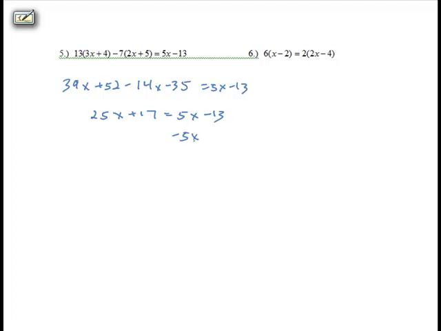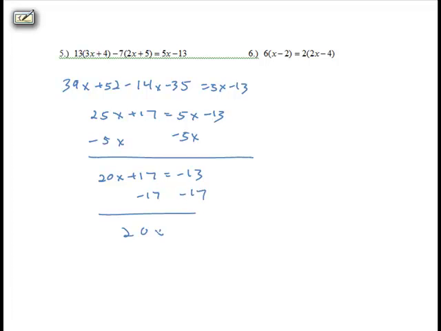I'm going to get all the variables on the left-hand side, so subtract 5x from both sides. Leaves me 20x plus 17 is equal to negative 13. And finally, get that variable by itself, subtract 17 from both sides. 20x is equal to negative 30. Divide both sides by 20. x is equal to negative 3/2.